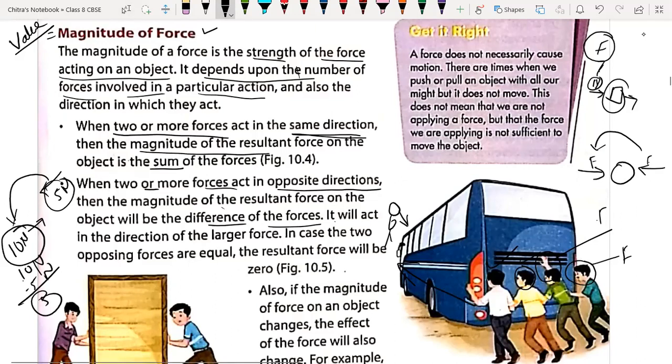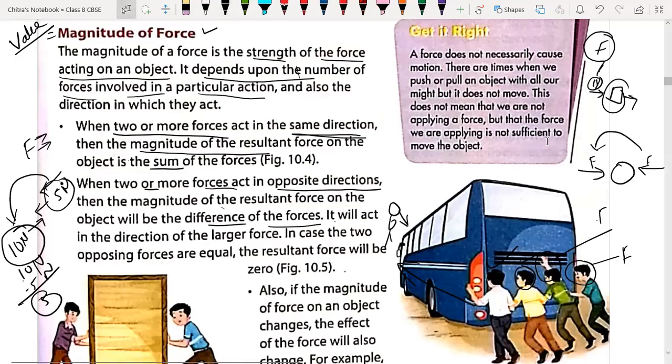That 10 Newton of force is reduced by 5 Newton because that 5 Newton is the opposing force. So we can say when forces act in opposite directions, the magnitude will decrease, and if two or more forces act in the same direction, the magnitude of force will increase.